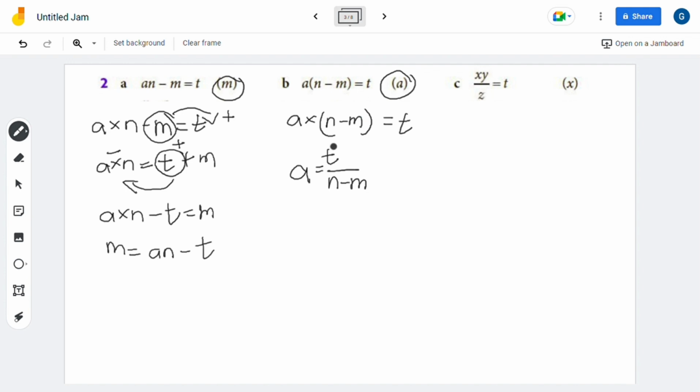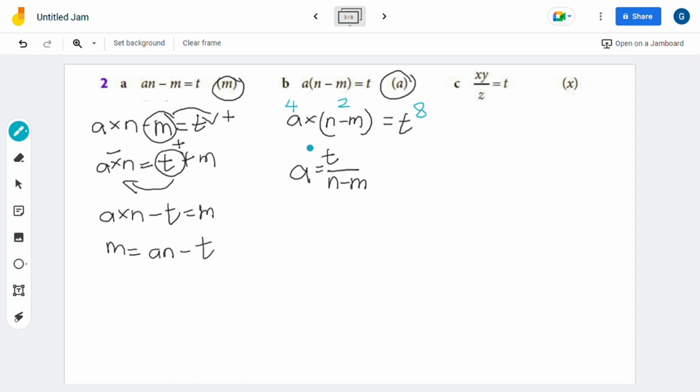If you find it hard to visualize, you can actually give these variables a number so that it's easy for you to understand. For example, here you can imagine a as a number 4, and then the value of this bracket as number 2, and then t will become 8, for example.